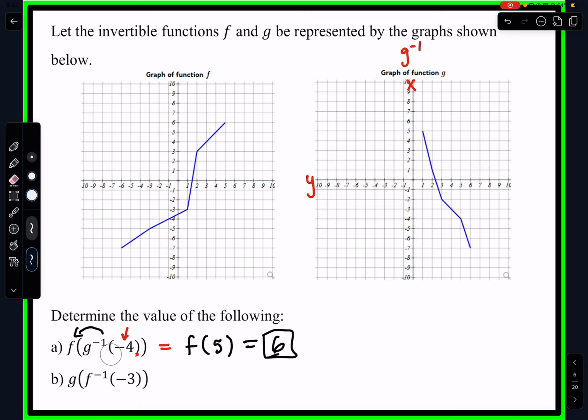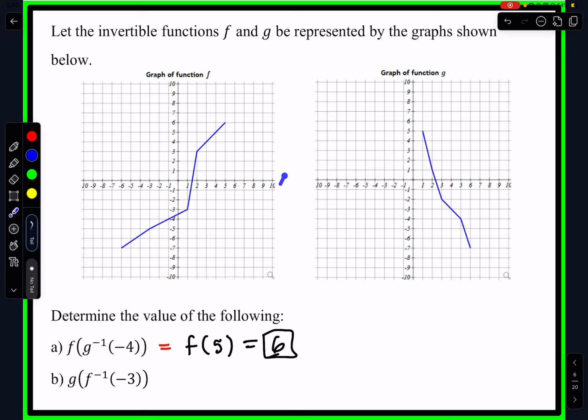Now, what about part B? Well, for part B, since we want to now do this composition, we're going to again begin with the inside. So we want to evaluate the inverse of f at -3. So again, instead of getting the image of this and again getting the inverse of that by flipping all of the x and y values, let's just flip again the coordinates.